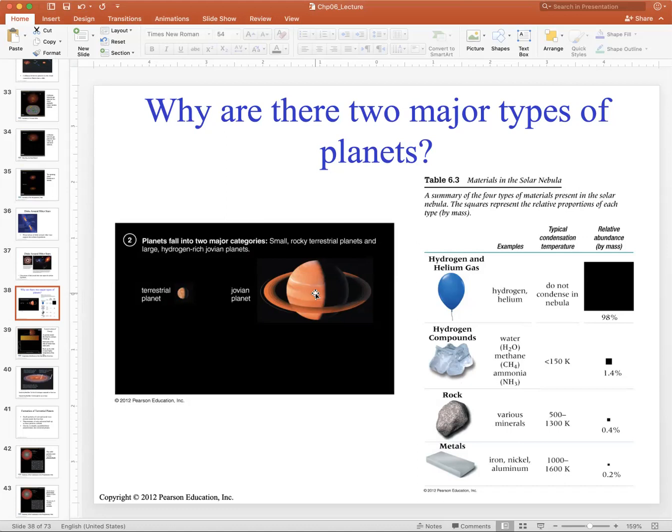But the major elements in our solar nebula are hydrogen and helium, which made up almost 98%, and they don't condense anywhere. So they're just there, even if it's really cold or if it's really hot, it doesn't matter. They don't condense. Hydrogen and helium are just gas. And then you have hydrogen compounds. Hydrogen compounds means you have hydrogen, but that hydrogen is bound with another atom in the form of a molecule.